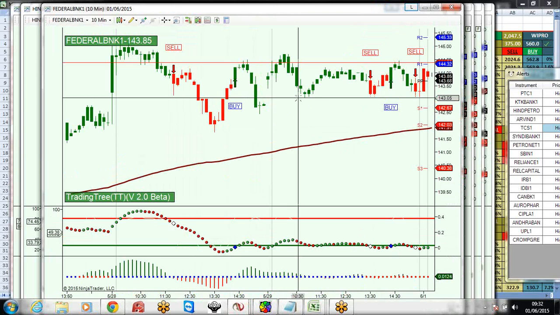Federal Bank, you can short it at this price, 143. In case the real trend is towards the downside, then it will get triggered.